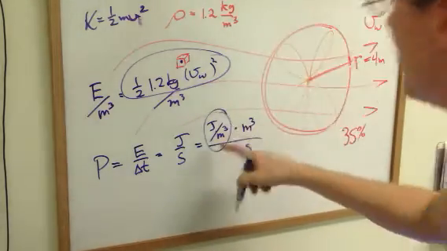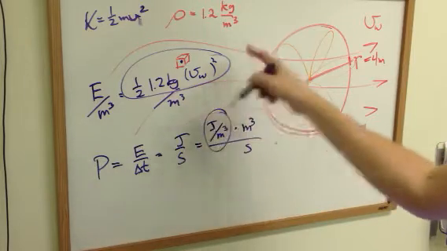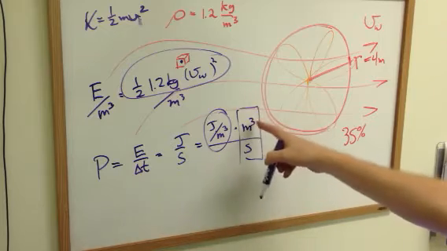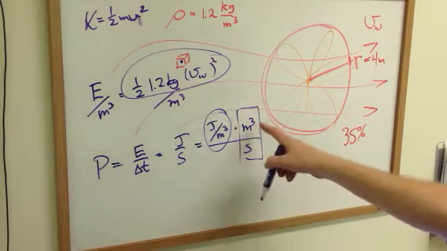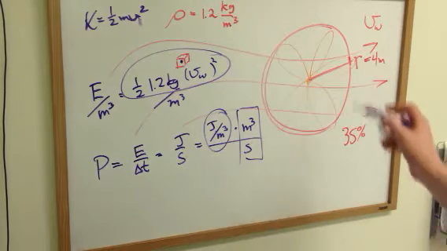This we know. We know how much energy there is per cubic meter. We've answered it in part A. So the question is, how much volume per second is flowing through there?